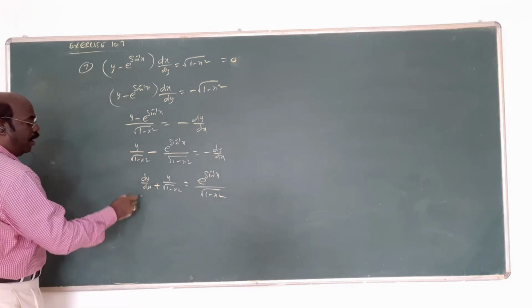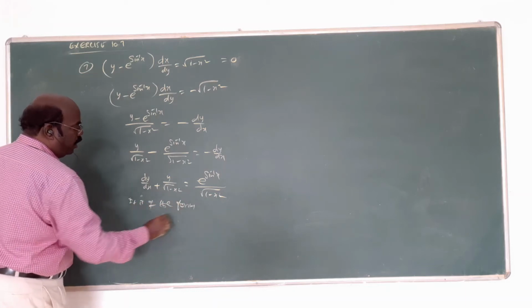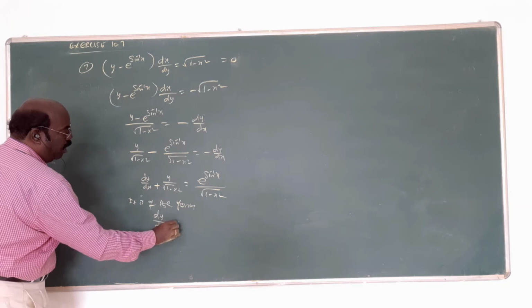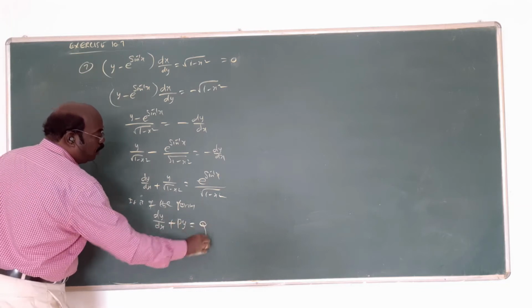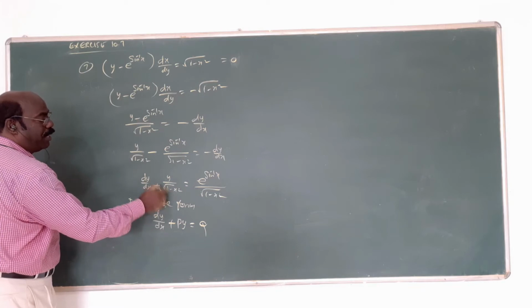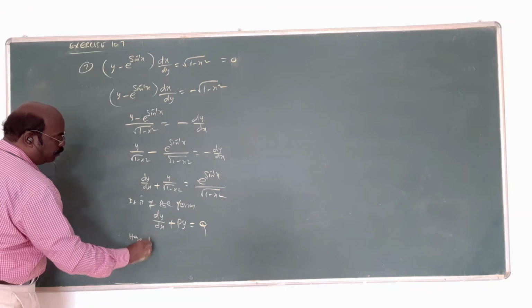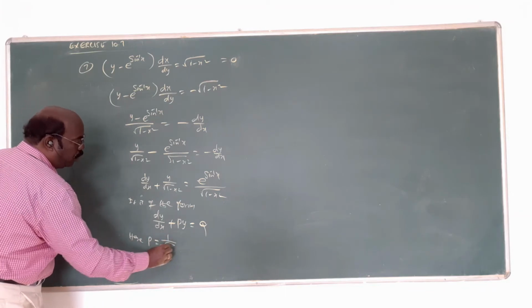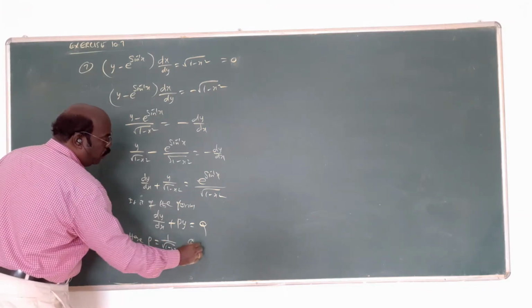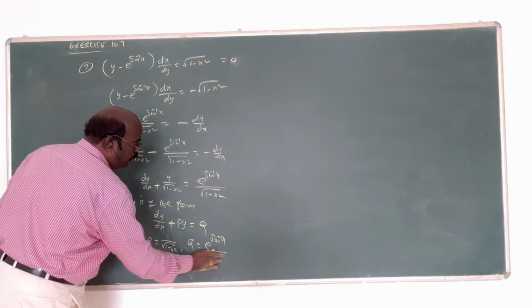It is of the form dy by dx plus Py equals Q. Here P equals 1 by root of 1 minus x square, and Q equals e power sin⁻¹x by root of 1 minus x square.